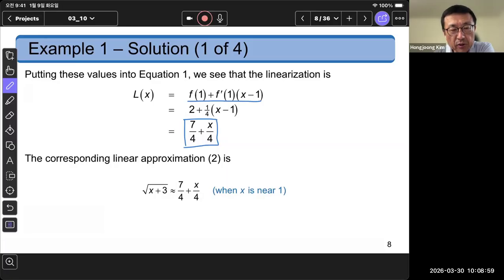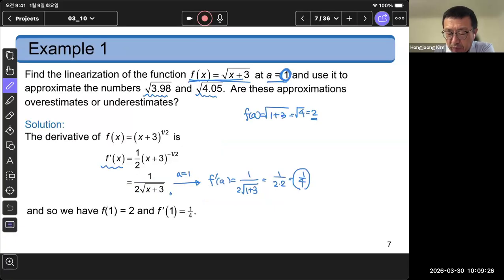So the linearization means when x is near our a value, which is 1, our f of x will be very close to the value of L(x). So what was the problem? We want to estimate the square roots of 3.98 and 4.03.